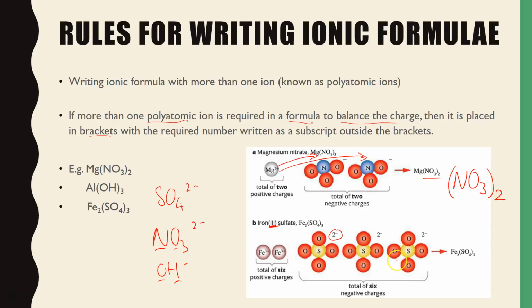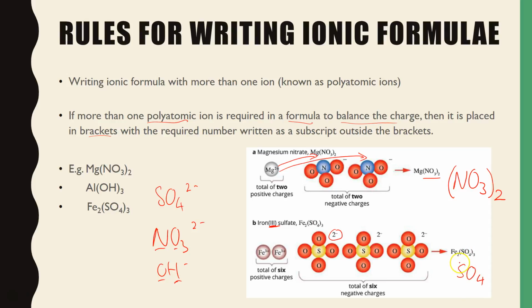So here, we're going to need 3 lots of sulfate ions, each with a 2 negative charge, and they'll gain the 6 electrons. So we have 2 lots of iron, that's Fe2, and we'd have to have 3 lots of sulfate.